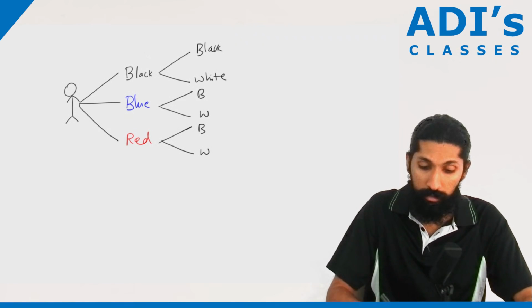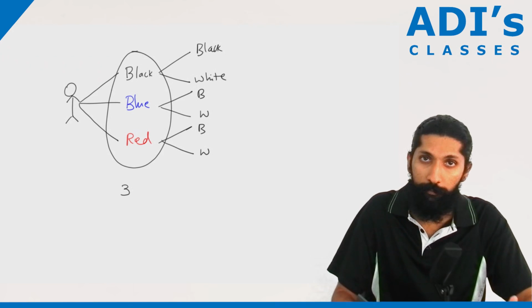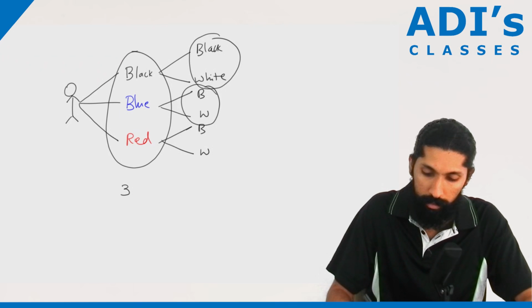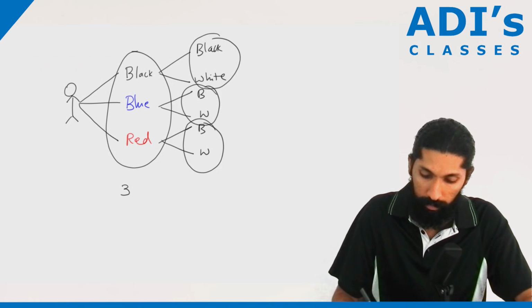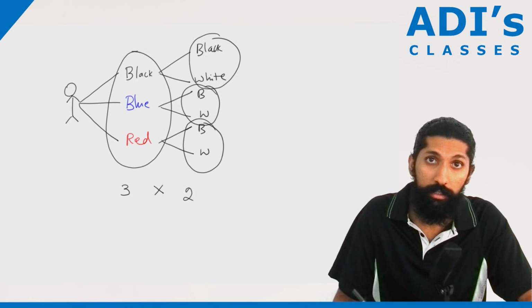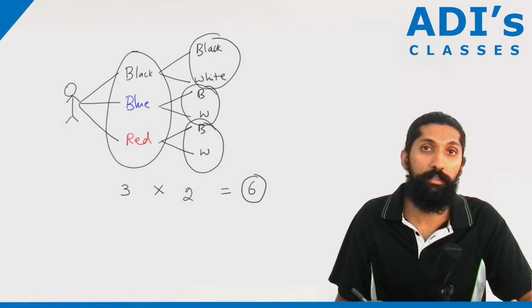It's a very simple logic. There are three shirts here. I'll take this as three. And for every shirt, there are two combinations. Multiply. So you're going to get six different ways.